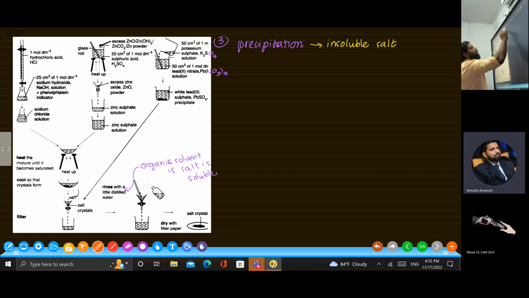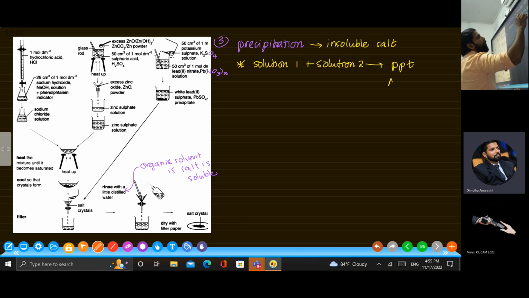You are going to mix solution 1, you are going to mix solution 2, and you get the precipitate. For example, if you want to make silver chloride, you need silver in a soluble compound, and HCl or another soluble chloride compound.